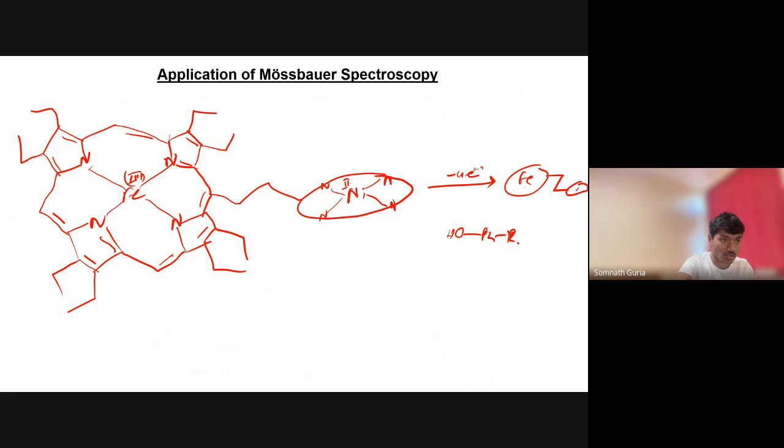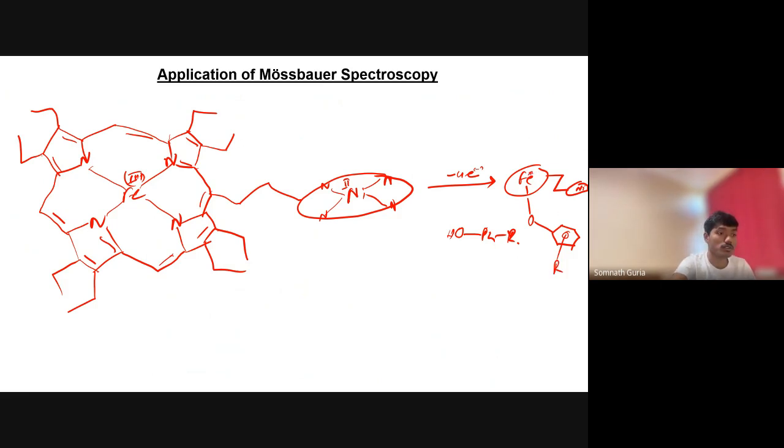This is again nickel, and then we have this phenyl ring. This is R. This is the iron 3 we have.